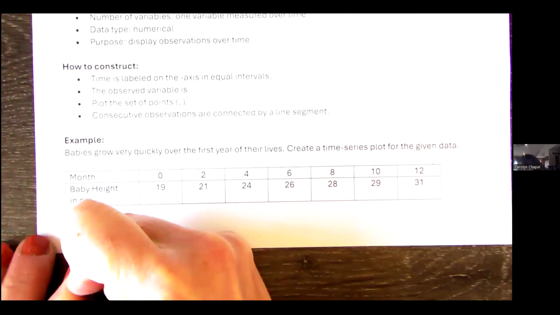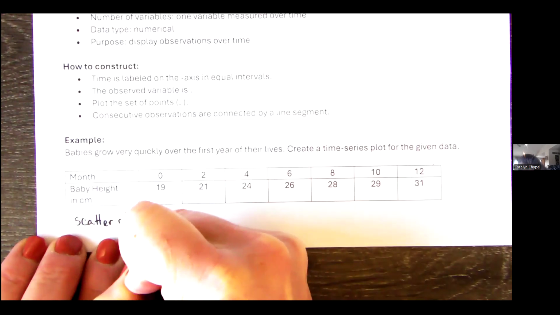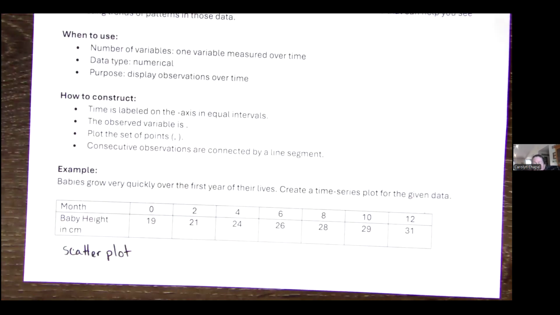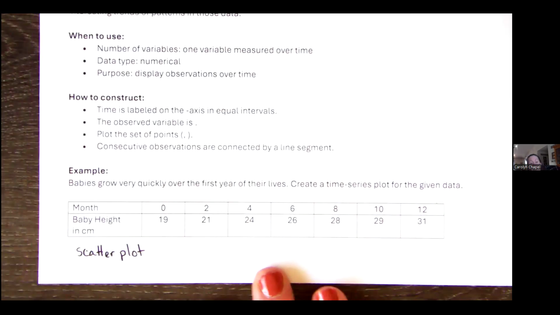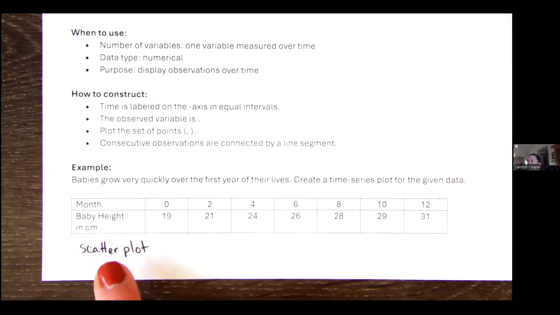I use a scatter plot to graph these, because then I can actually get the dots that I want and it will connect them for me. So if you're in Excel or using Google Sheets, look for that scatter plot versus your line graph. You could try a line graph, but it's not going to work as nicely for you.